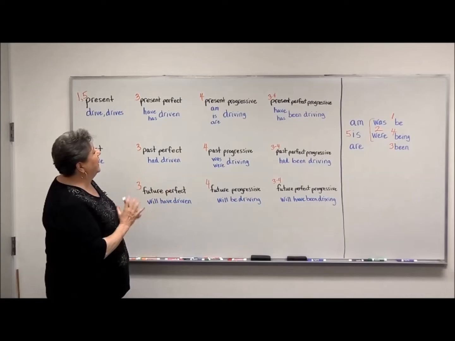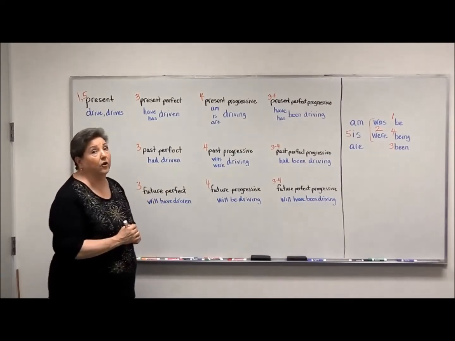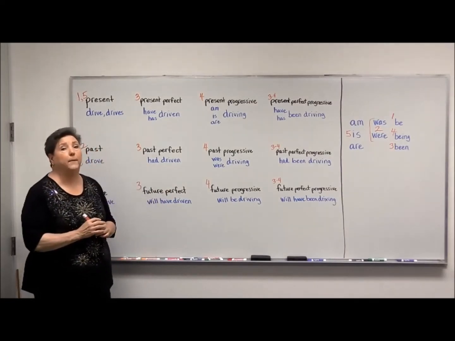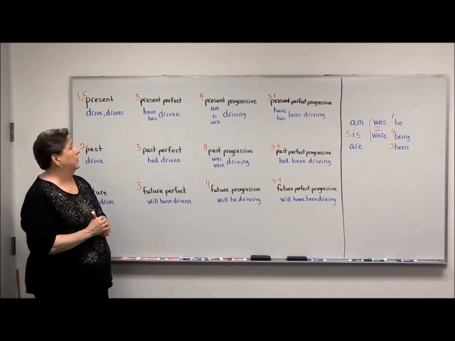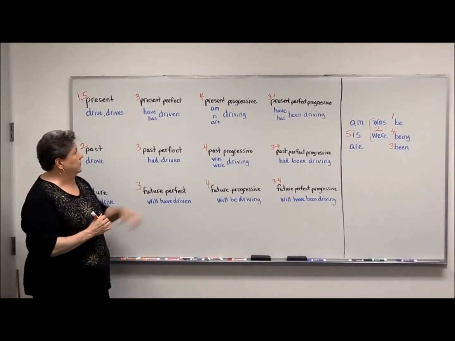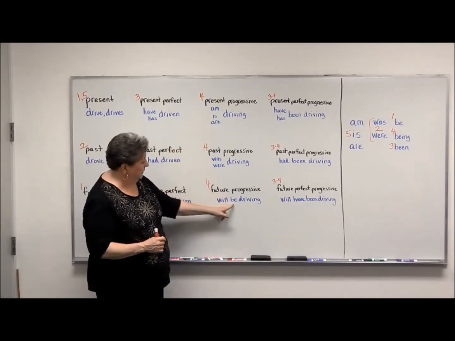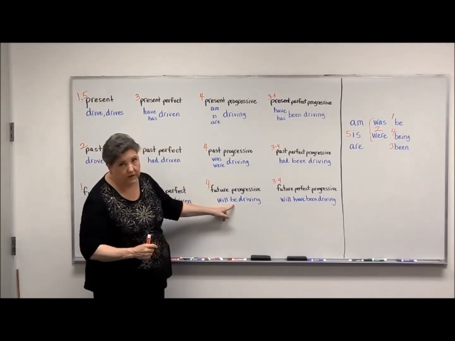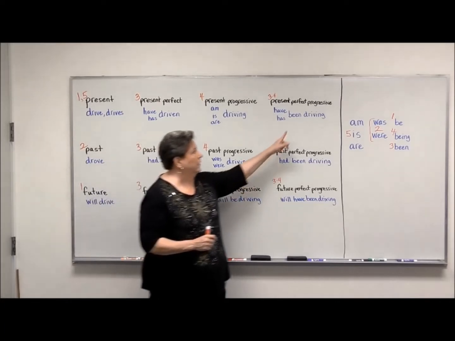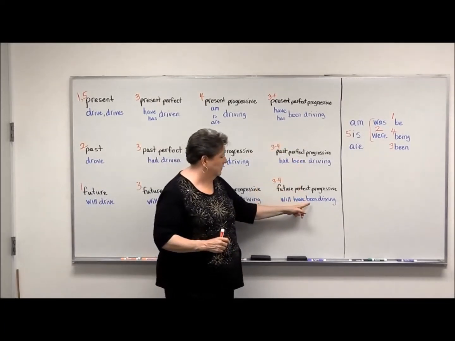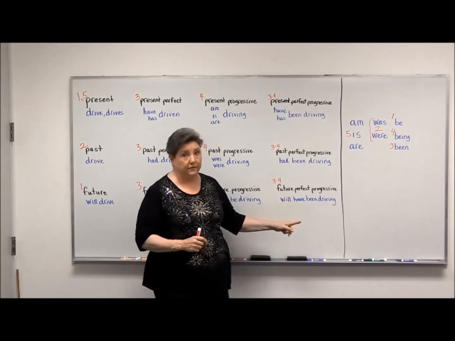I want you to look everywhere you see a be verb up here. Where do you see them? Okay, here we go. Am, is, are. Here's was, were. Here's be. Where else do you see a be verb? Don't forget been. That's a be verb.